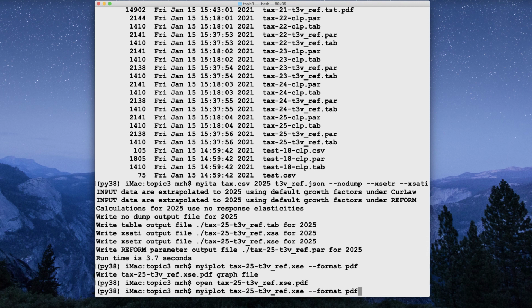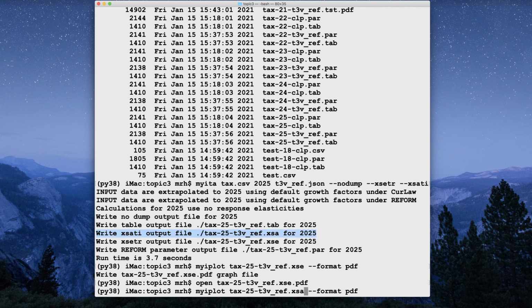Meanwhile, we're going to go back and use the file that had the percentage change in after-tax income, okay?